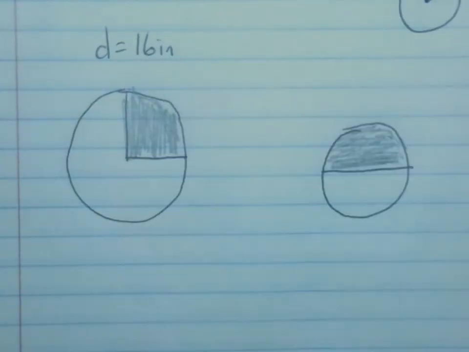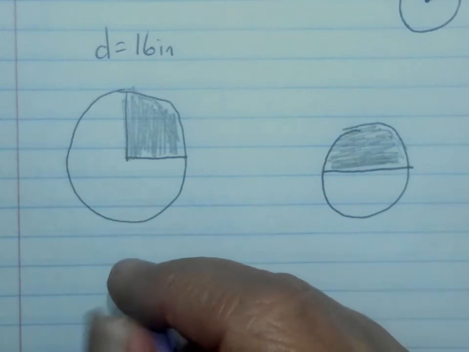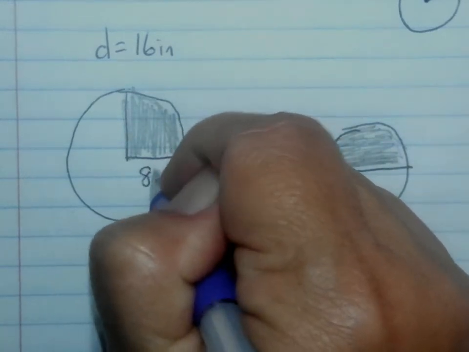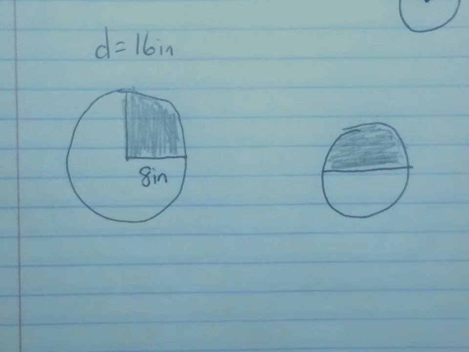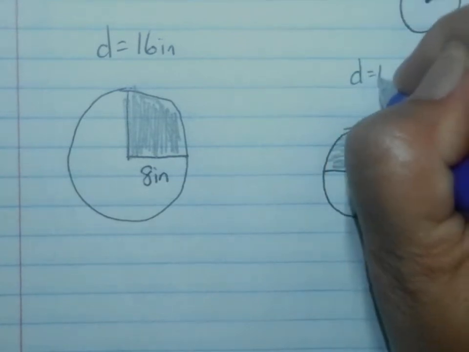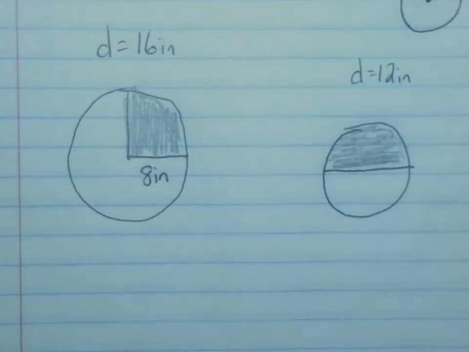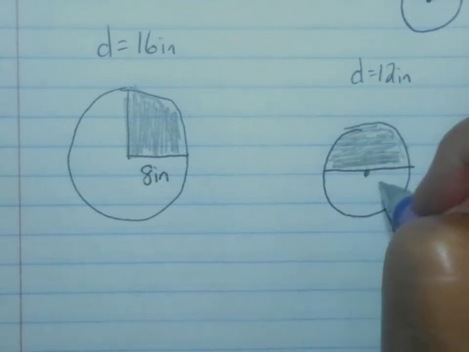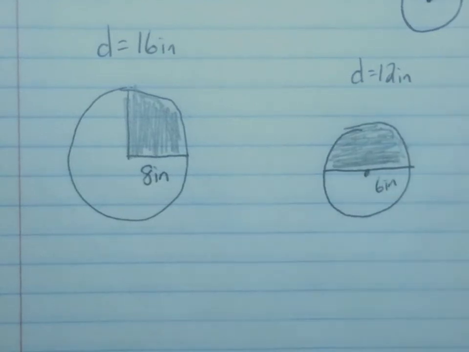So if the diameter is 16 inches, what's the radius? 8. So 16 inches, that's fairly common for a large size pizza. Well, then let's say this pizza has a diameter of 12 inches, as many small pizzas do. What's the radius of this guy? 6 inches.